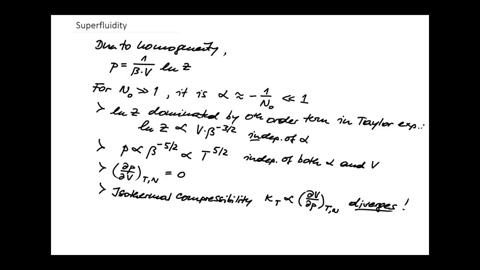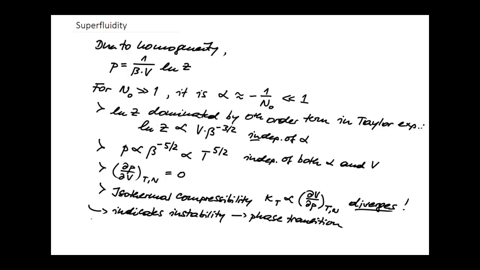Now this first of all indicates a thermodynamic instability, because in the context of stability we had said that a prerequisite for a thermodynamic system to be stable is that the compressibility is finite. Here the compressibility diverges, and this is an indication that the system becomes unstable, and this is an indication of a phase transition.